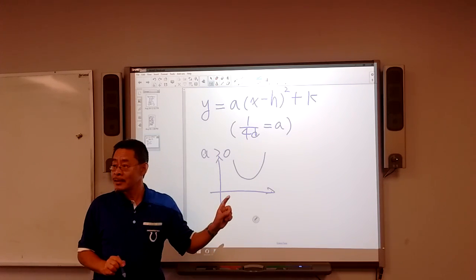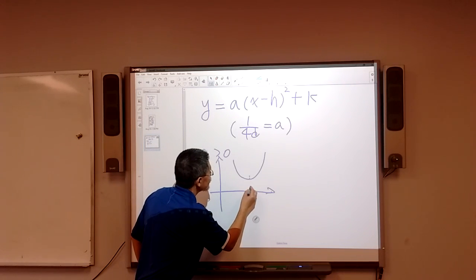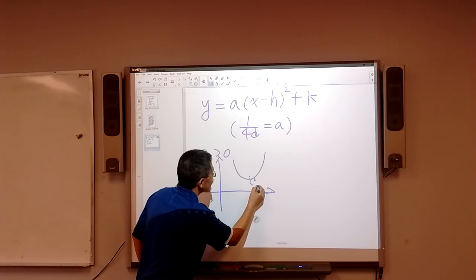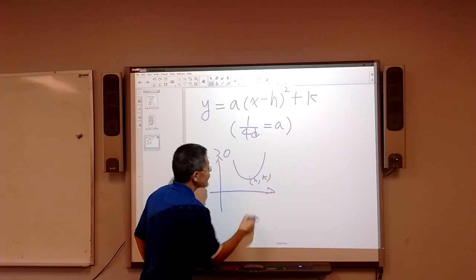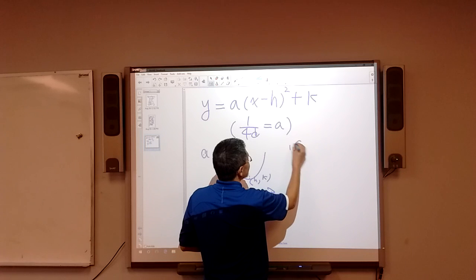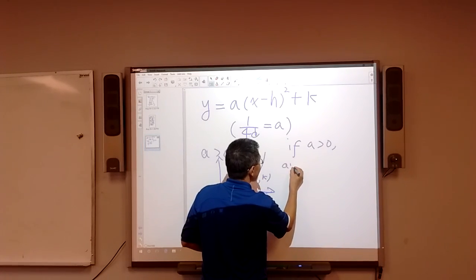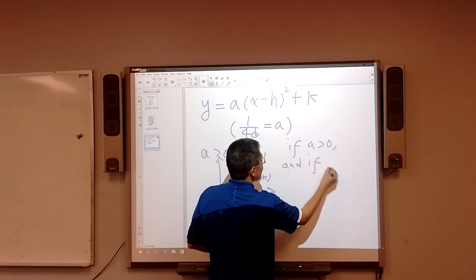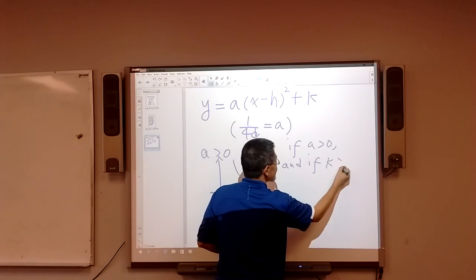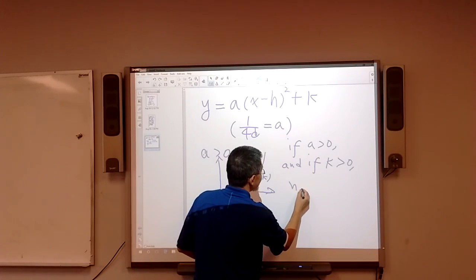We good here? So now, this is our h, and this is the k. So in this case, if a is greater than 0, and if k is greater than 0, there are no real zeros.